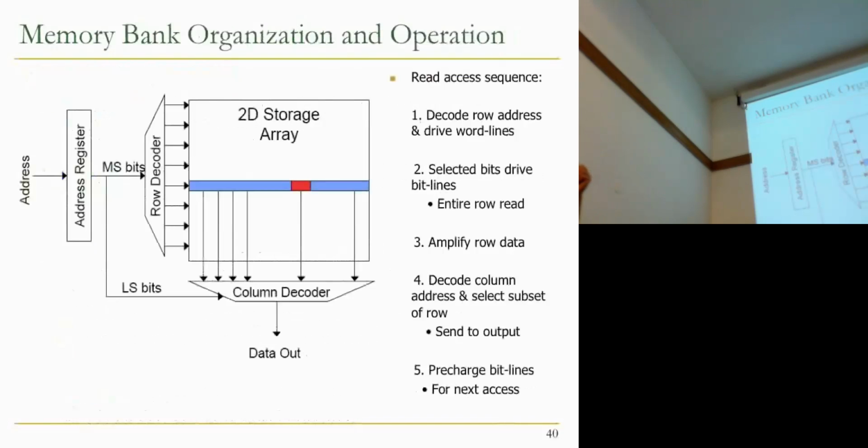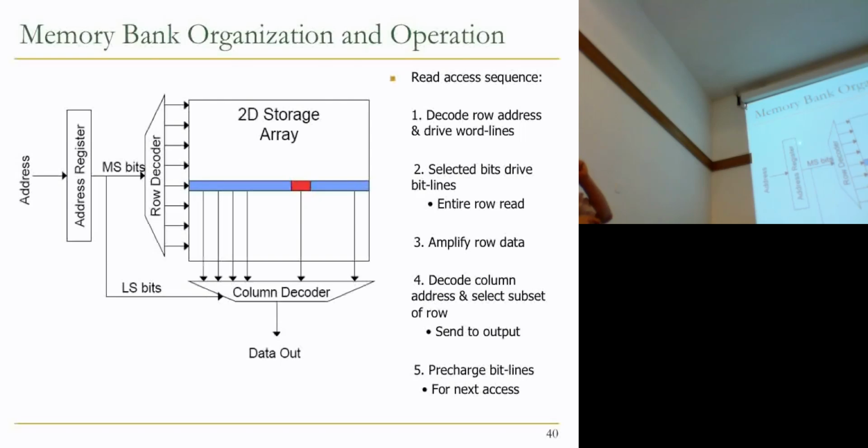So let's take a look at the memory bank organization. Again, this is independent of the technology. A memory bank looks like a two-dimensional storage array, and each element in this array is essentially the cell that I showed you earlier. It could be the SRAM cell, it could be the DRAM cell, it could be the phase change memory cell. Basically, this is divided into rows and columns, and to access a row, you need to decode the row address, and to access a column within the row, you need to decode the column address.